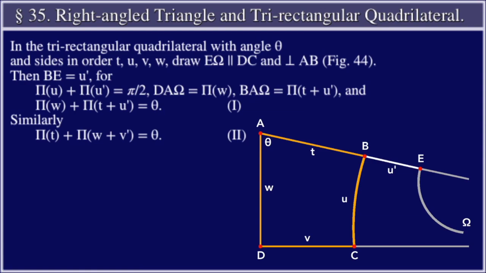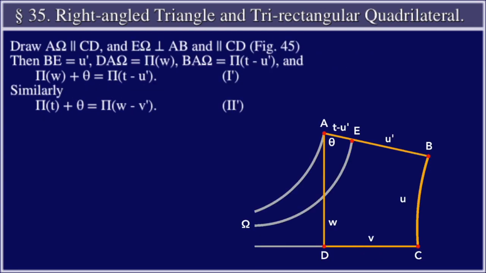D plus ω is equal to the parallel angle of W. BAω is equal to the parallel angle of T plus U prime, and the parallel angle of W plus the parallel angle of T plus U prime is equal to θ, equation I. Similarly, the parallel angle of T plus the parallel angle of W plus V prime is equal to θ, equation II.